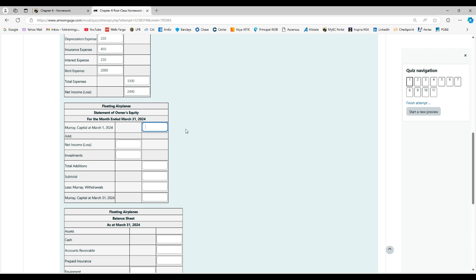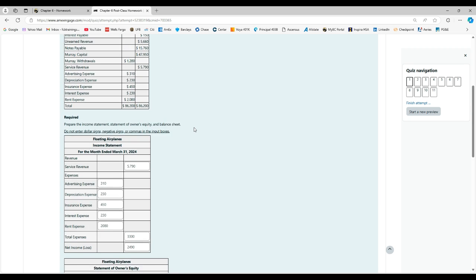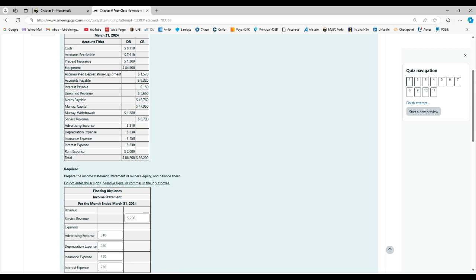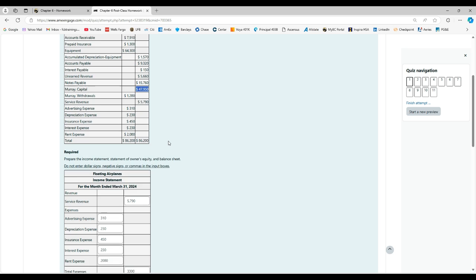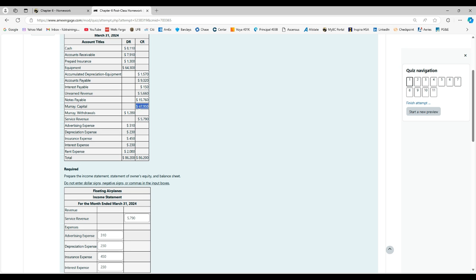Okay. So now we're going to prepare our statement of owner's equity. This is the goal here, or something to keep in mind when we're looking at an owner's equity statement: this ending balance is what we're going to break out, just to show how we got here essentially from the prior month.